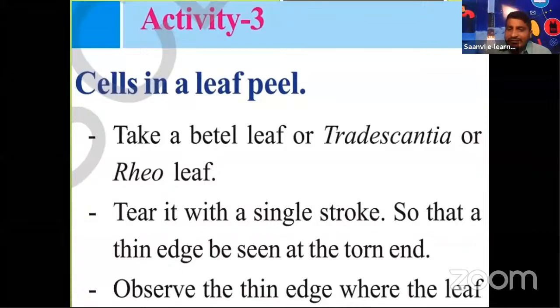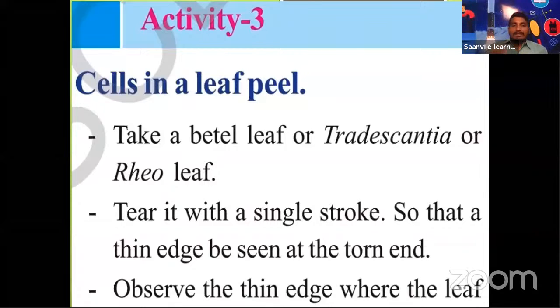And tear it with a single stroke. You have to take a leaf, we used to play with that leaf in my childhood. Take the leaf in your left hand and with a single stroke you have to tear it, so that a thin edge can be seen at the torn end.